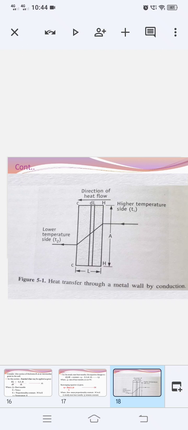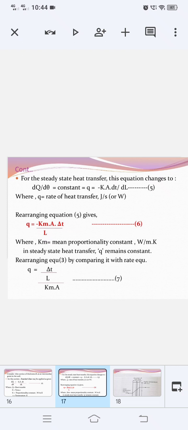Let me show you this equation for the diagram which I have shown you earlier. For steady state heat transfer, dq upon d theta is a constant, equal to minus kA dT upon dl.